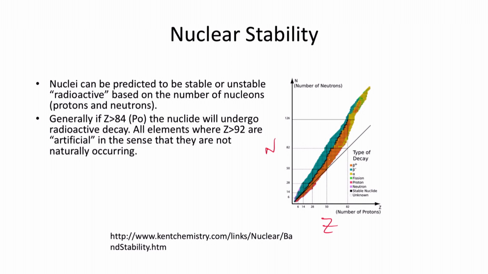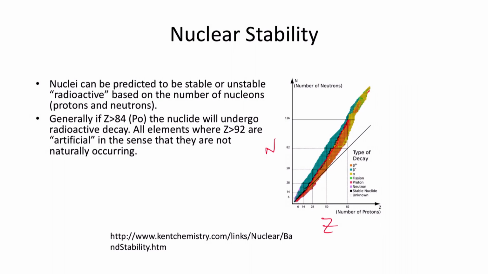For the most part, you see this black line here, there was an interesting trend between number of protons and number of neutrons, namely that as number of protons increased, number of neutrons also increased. And these different colors represent something called the band or the island of stability.